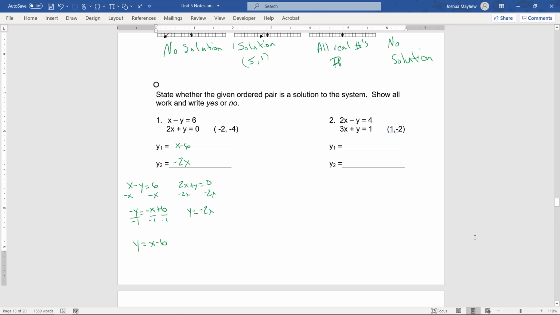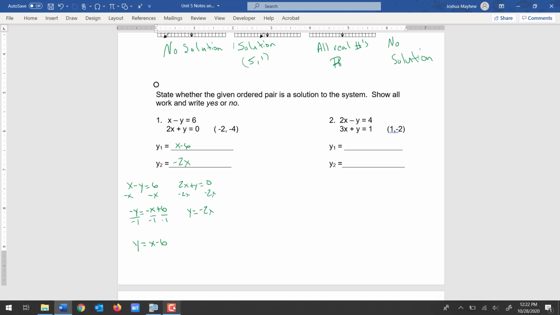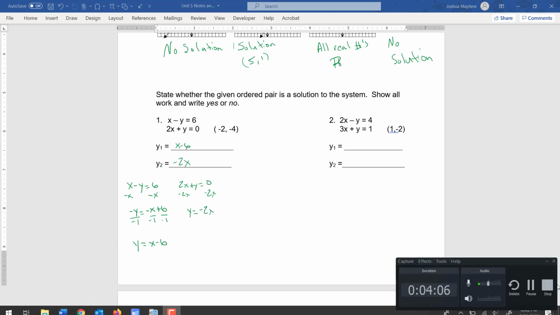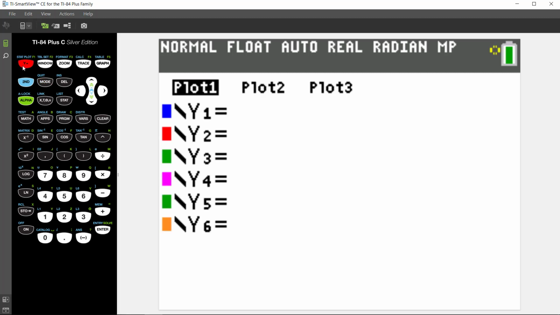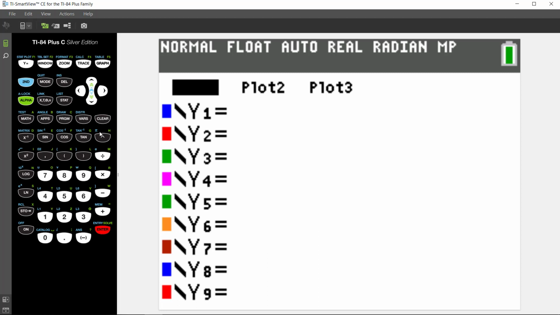So if you don't have your calculator out, go ahead and hit pause on the video and get your calculator out. What we want to do is graph both of those lines in y equals. So I'm going to go to y equals. I'm going to turn my plot off, and if there's anything else in any of these equations, I'm going to just delete them, clear them out.